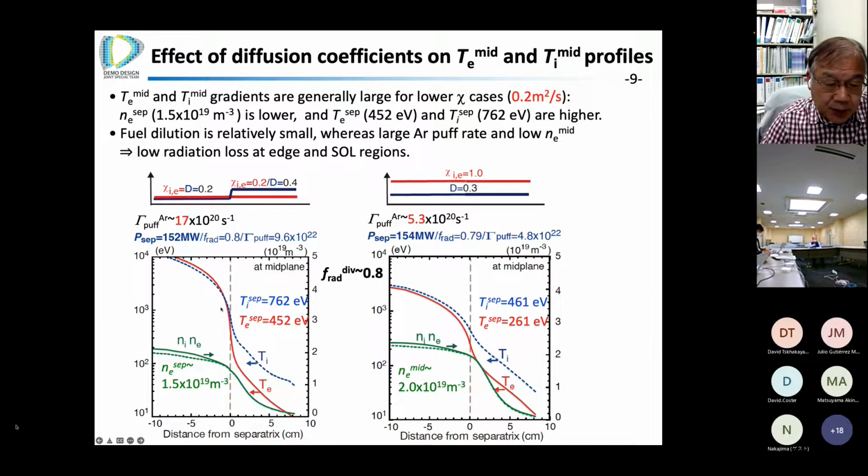In this case the gradient is higher, therefore the temperature is higher compared to the other case. At the same time, the density is reduced right here. The temperature gradient increases, but the separatrix density is smaller, like here.